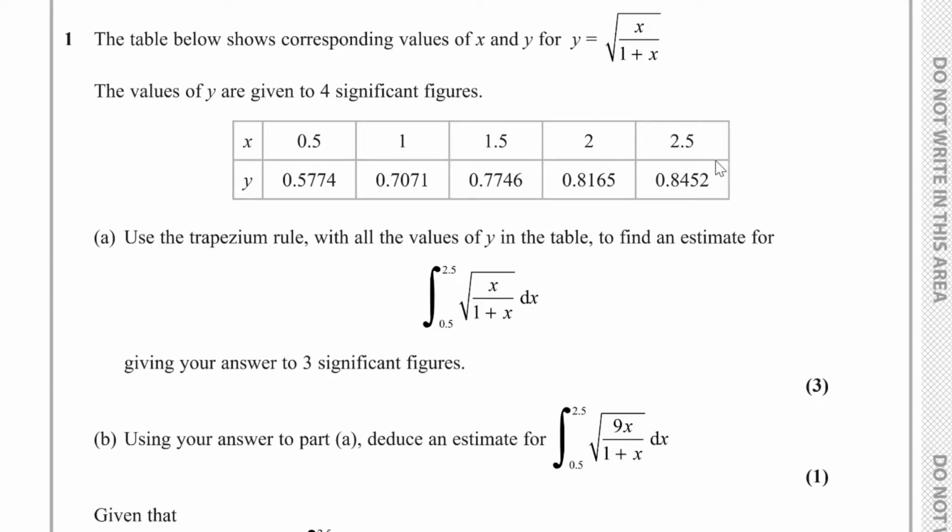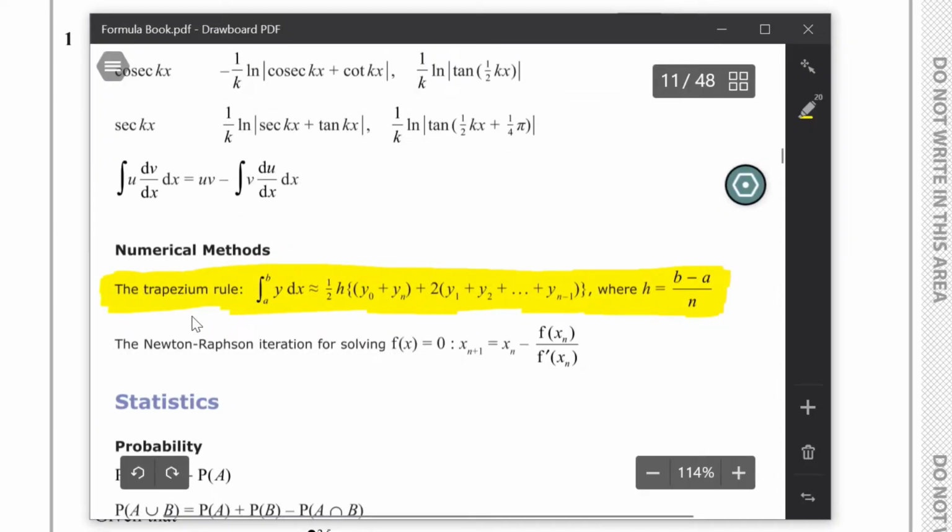We have our x values here, our y values here, and for part A we have to use the trapezium rule with all the values of y in the table to find an estimate for the integral of the square root of x over 1 plus x with respect to x in between 0.5 and 2.5, giving our answer to 3 significant figures. And if you take a look in the formula book, the trapezium rule is shown highlighted here.